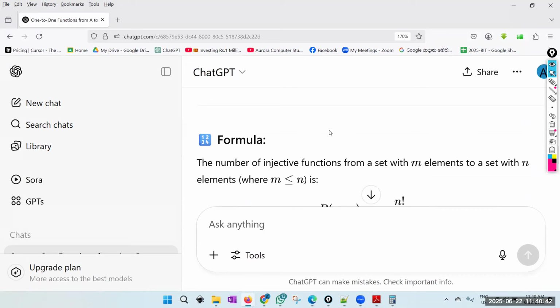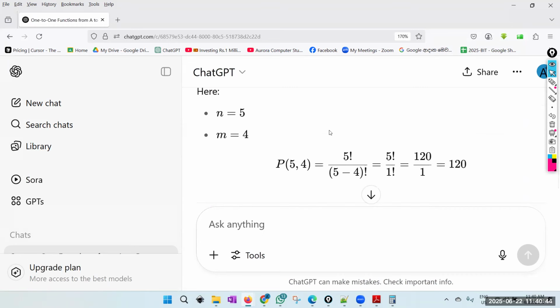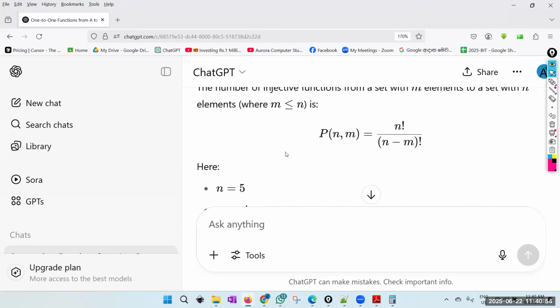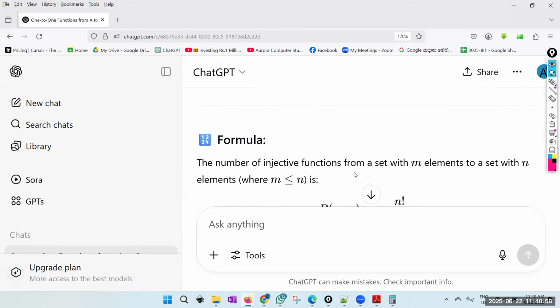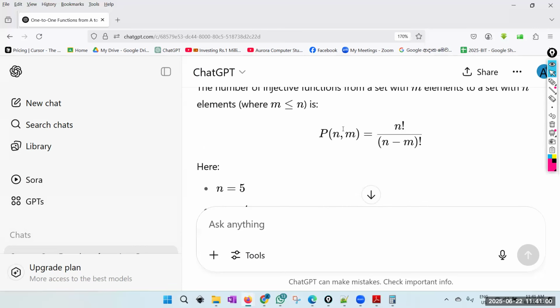It looks something other way. So that is, out of 5, how many ways we can take 4, permutation, arrangements. This is not combination, right? Arrangements. Out of n, how many ways you can take and arrange m number of things.